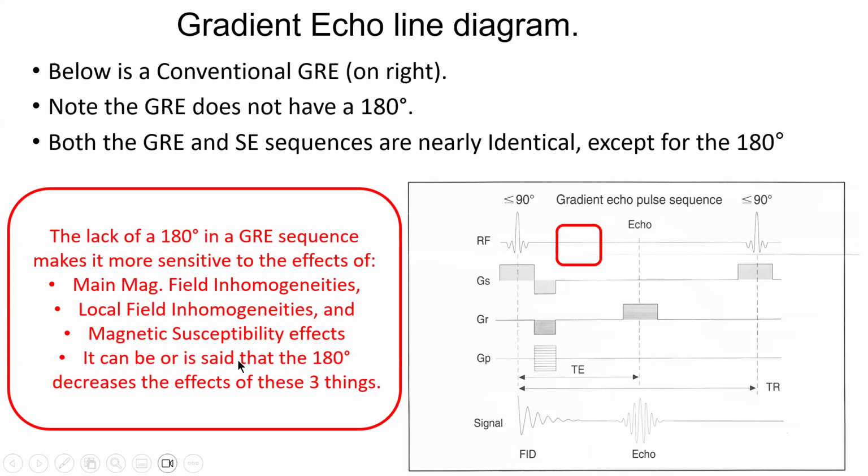Now, a gradient echo pulse sequence is sensitive to the big three: main magnetic field, local magnetic field, and susceptibility differences. These guys cause dephasing to speed up a little bit. Those protons in the transverse plane are going to dephase on their own, but these three here make it speed up. They kind of add to it, as it were, okay?